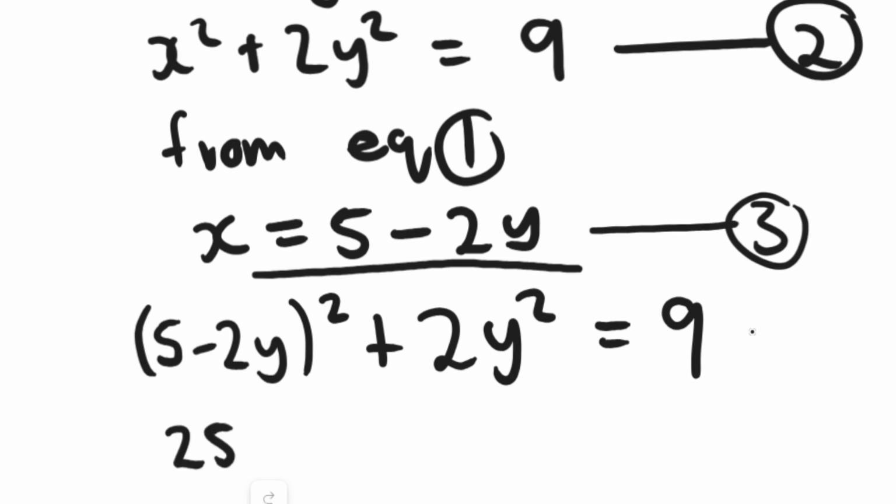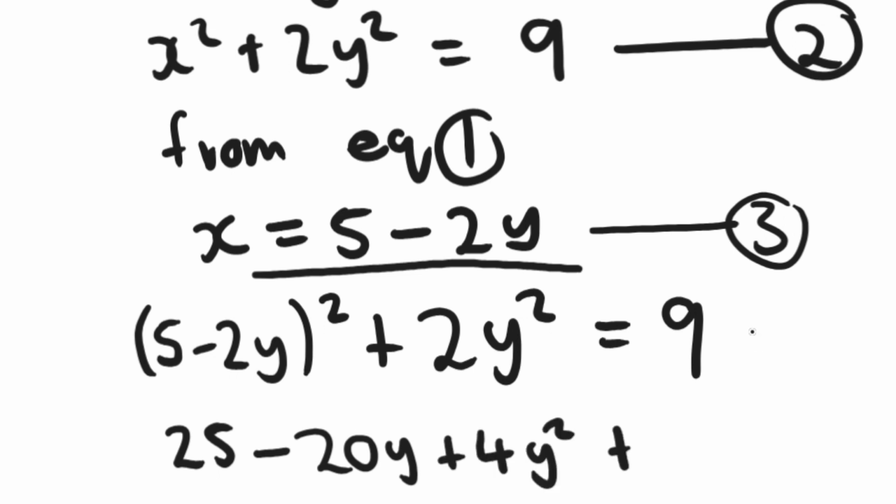And then we have minus 2 times 5, that is minus 10, but we have it twice, so that is minus 20y. And then you have minus 2y all squared, that is plus 4y squared, plus 2y squared that is here, we don't leave it out. And then we have equals 9.